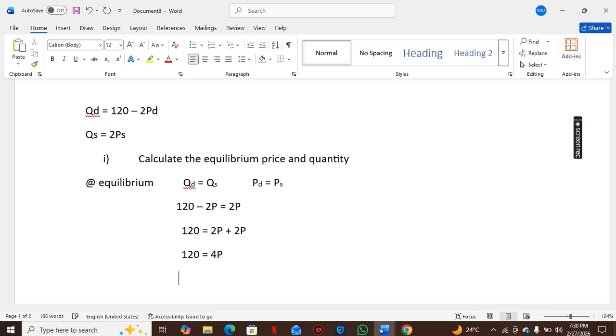To get the value of P, we divide 120 by 4, and we get an equilibrium price of 30 kwacha. That is our equilibrium price. Okay, colleagues, I believe this part we're all okay with. Are there any questions just in case?